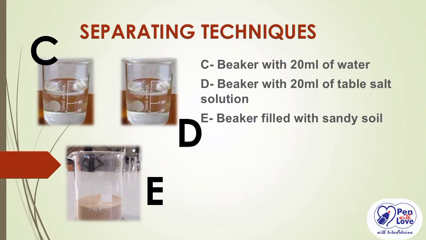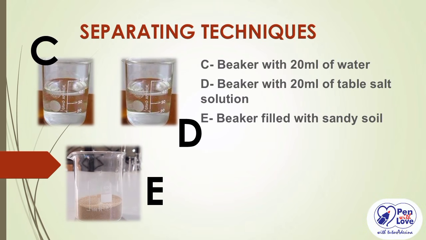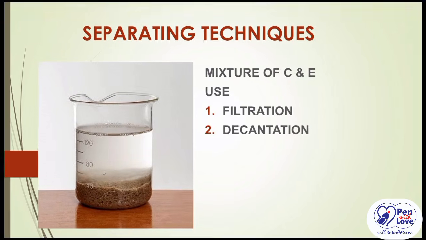Another thing that may be asked is under separating techniques. Specimen C, your water. Specimen D, your table salt solution that has already been mixed with water. And specimen E, sand. They can ask you to separate a mixture of specimen C and E, when they mix water with sand.